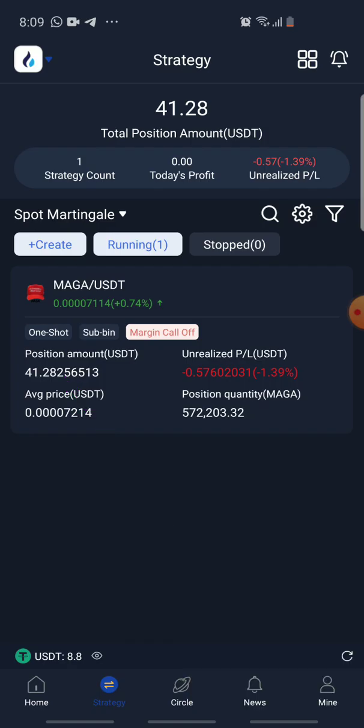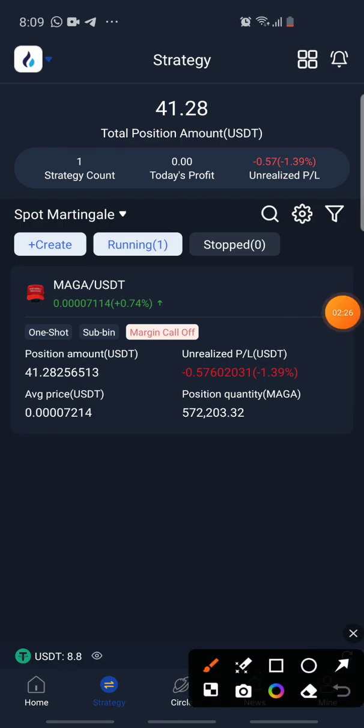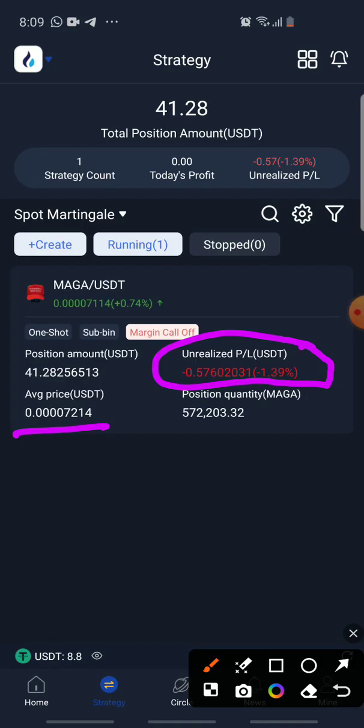You can also see the average price of the coin, and this is the floating unrealized P stroke L. If it is in red, usually we call it a floating loss, an unrealized loss. It's not yet a loss. Then this is the quantity of coins that I bought using these $41. Now we need to first put emphasis on the average price and this unrealized P stroke L.